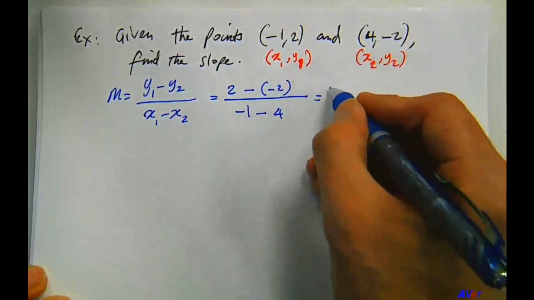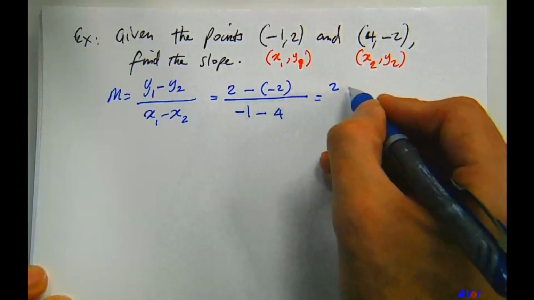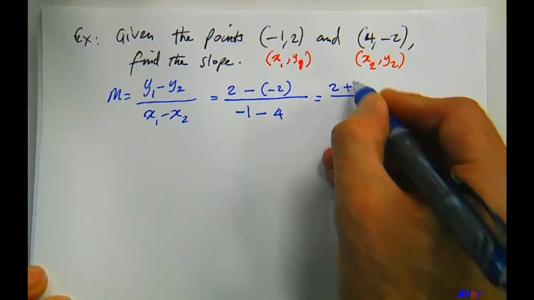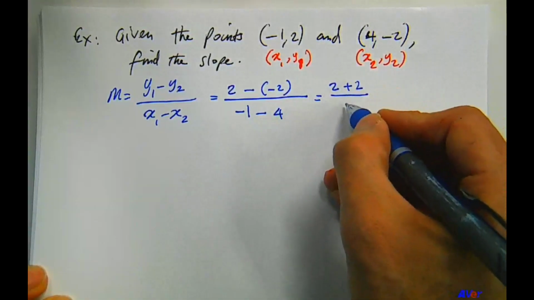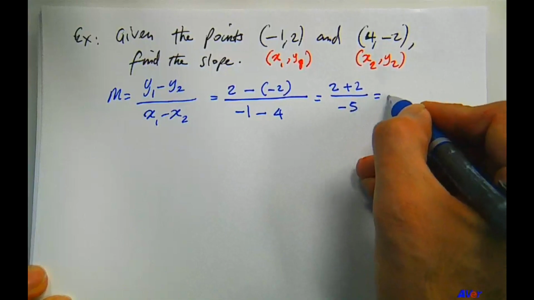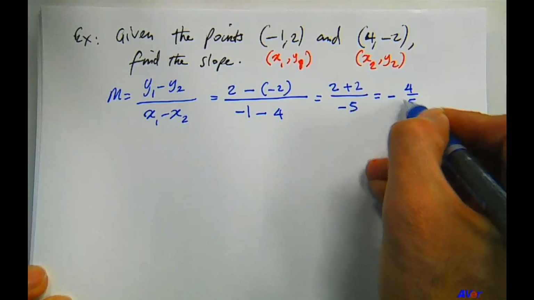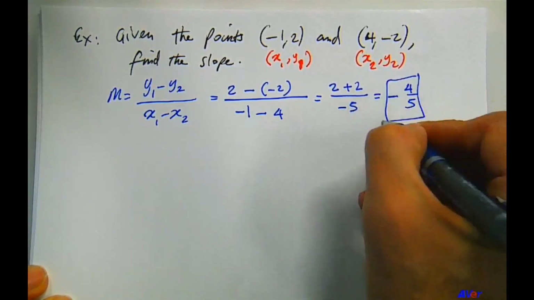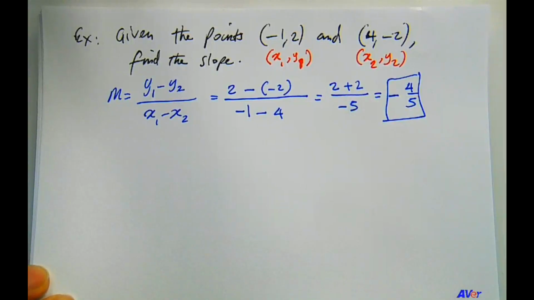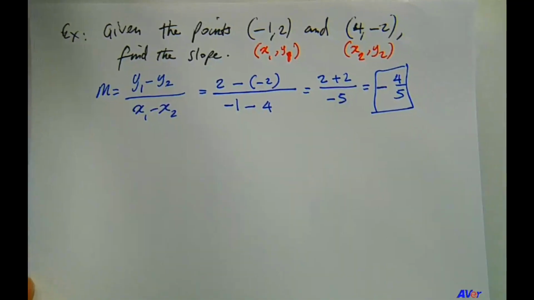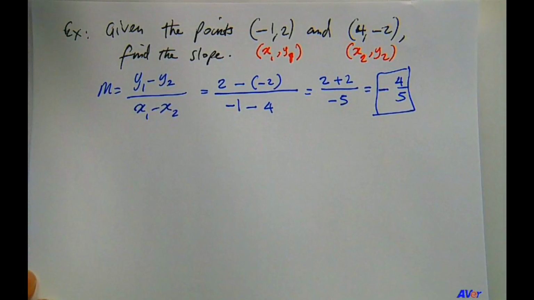So what do we have? Let's simplify. Minus minus 2 is plus 2. We get 4. Minus 1 minus 4 is minus 5. So we have minus 4 over 5. This is a decreasing slope, so the line must be sloping downhill, going from left to right.